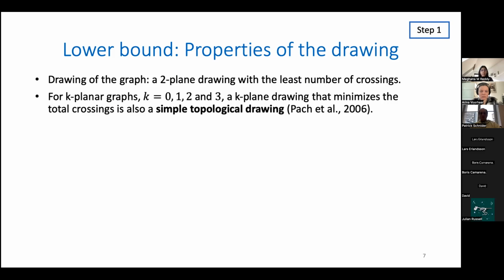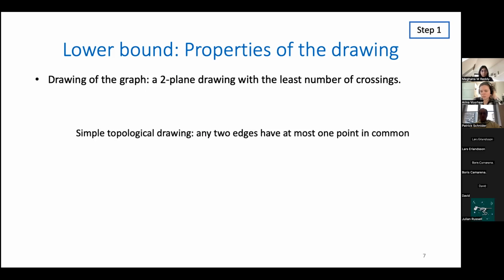So before that, let's understand what a simple topological drawing is. A simple topological drawing, or sometimes just called a simple drawing, is a drawing where any two edges have at most one point in common. And this is including common endpoints. So two independent edges are not allowed to cross more than once.